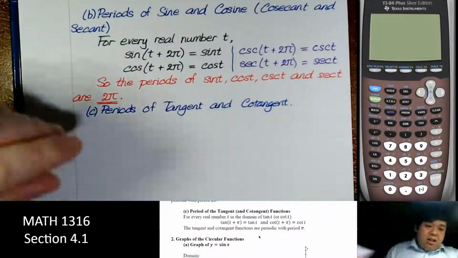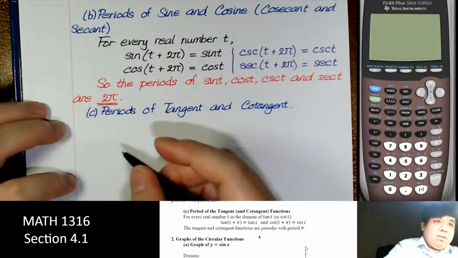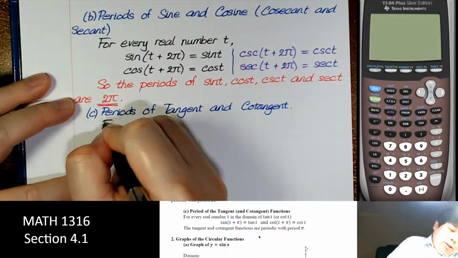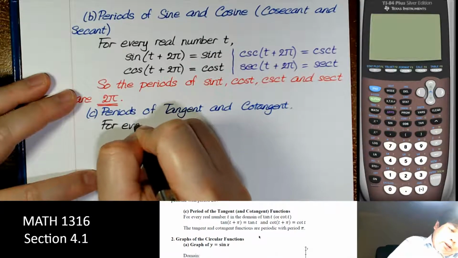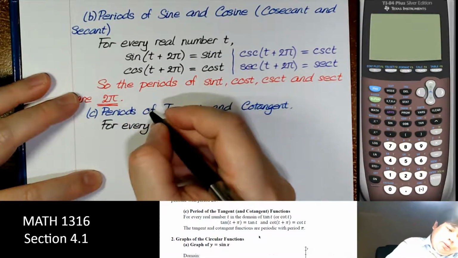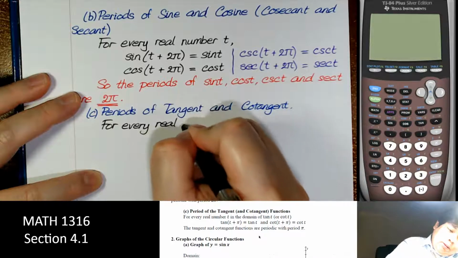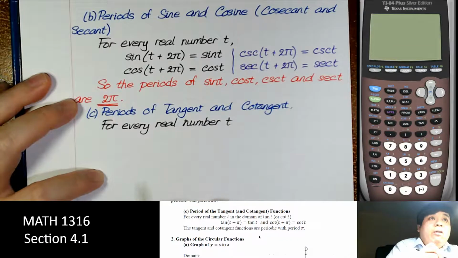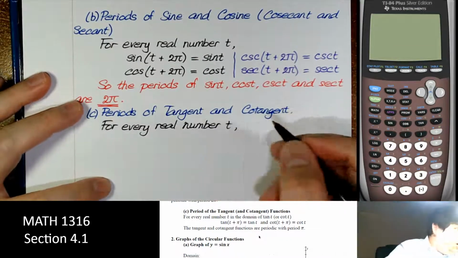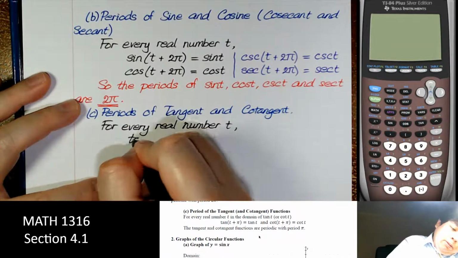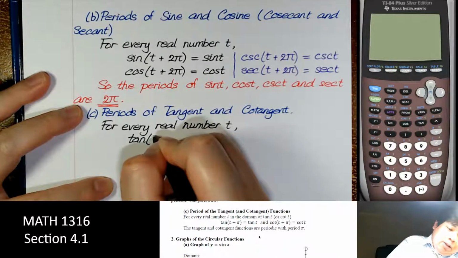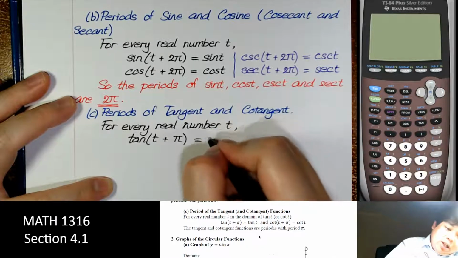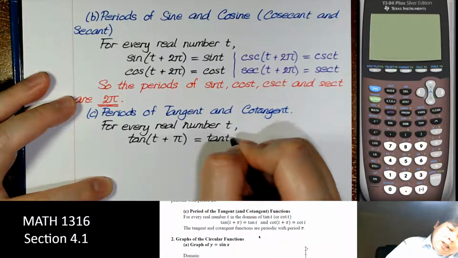So because of that, for tangent and cotangent, for every real number t, tangent of t plus pi is the same as tangent of t.